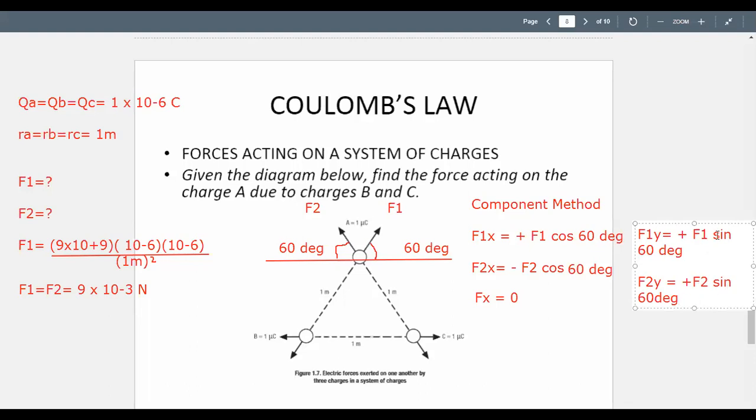Okay, then you'll see that you will have the same sign here, and your F2y will no longer be 0. Now, can you please calculate for me the total of F1y and F2y? So this is on the vertical axis.